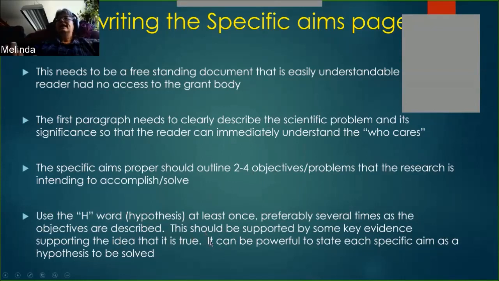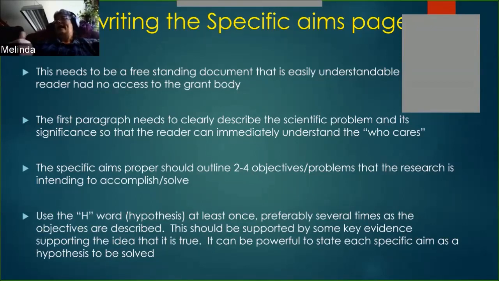Now, generally, I tend to state the aims for my work as a hypothesis to be solved. So if you have two aims, maybe one will be to test the hypothesis that this referral process is effective from a health standpoint. Like maybe there are better outcomes, maybe people are doing better clinically, and then your other aim might be the cost side of it. And those are, again, two easily stated hypotheses.